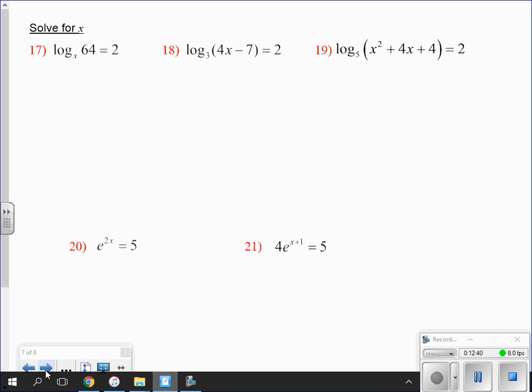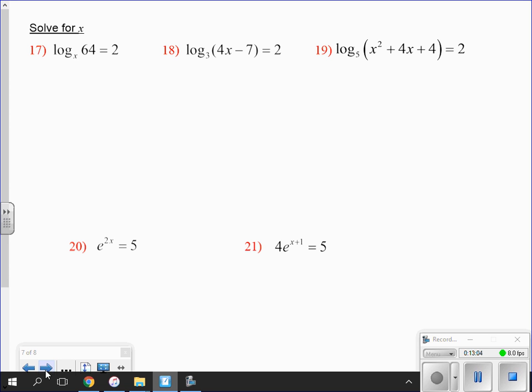Okay, now these ones, some of them you need a calculator for, some of them you don't. Now, the first one really is, you have log base x. That's the tough one.